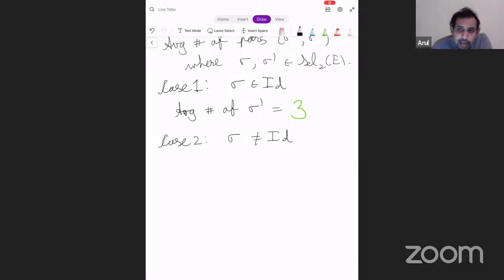Now, if sigma is not the identity, there's something very special about this elliptic curve. This elliptic curve is not a generic elliptic curve.